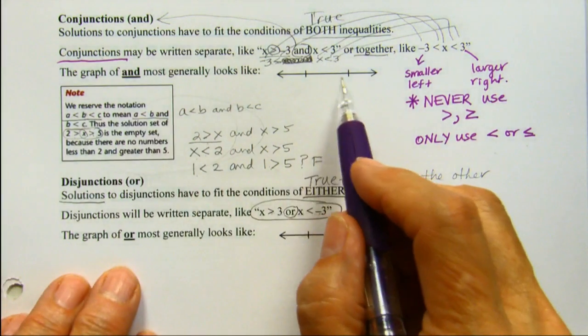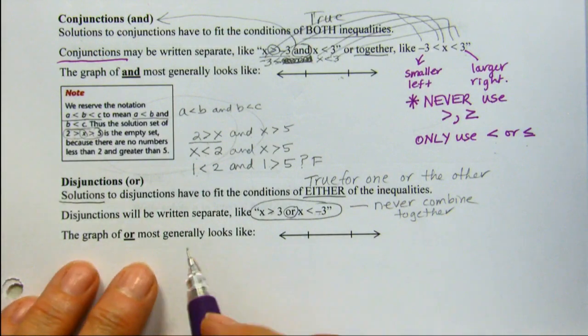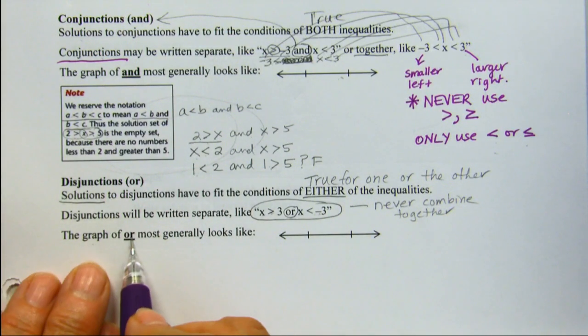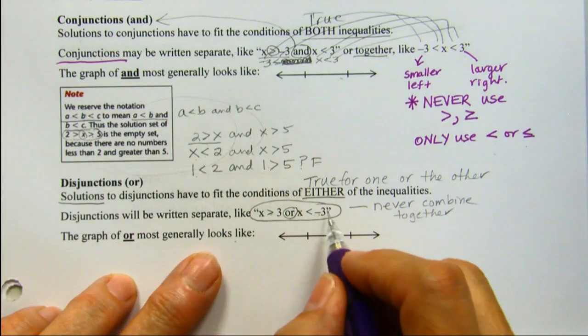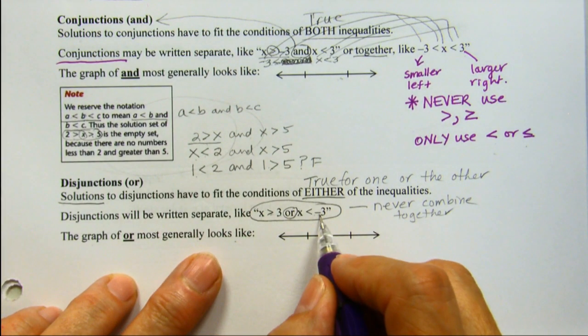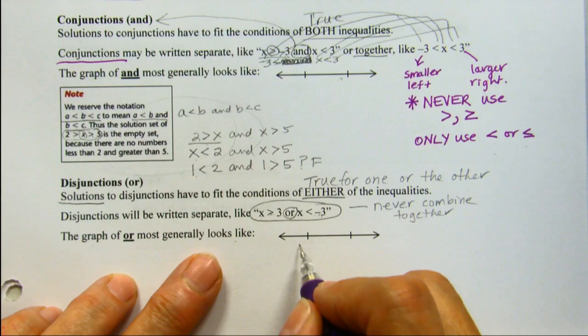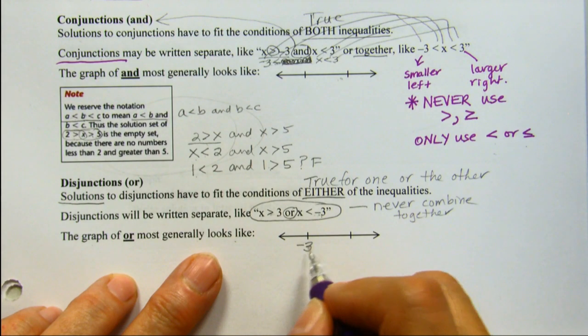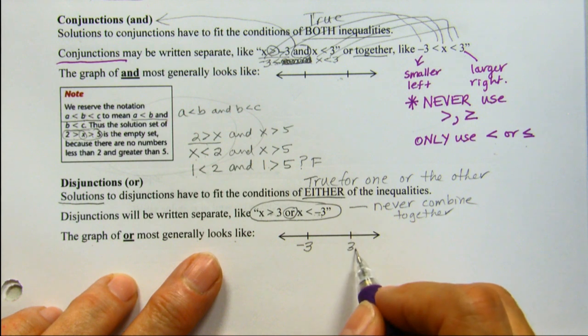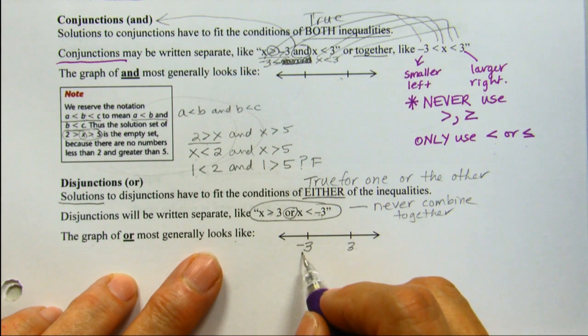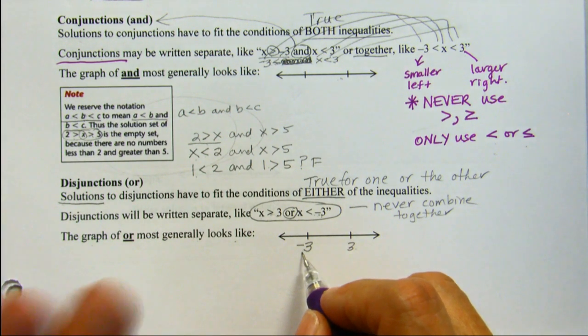I didn't do the graph for conjunction. I'll go back to that in a minute. The graph for or most generally looks like this: I've got a 3 and a negative 3, but remember, the negative number is on the left and the positive is on the right, or the bigger is on the right, the smaller is on the left, always.